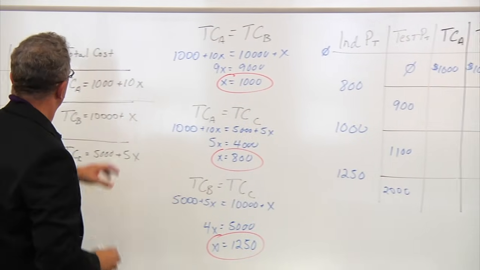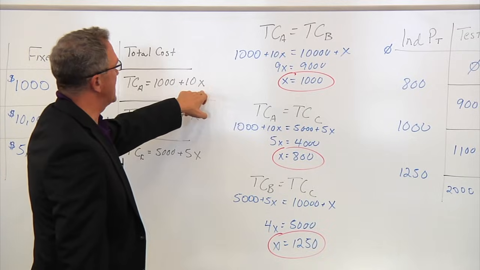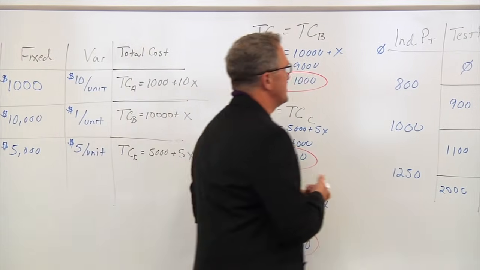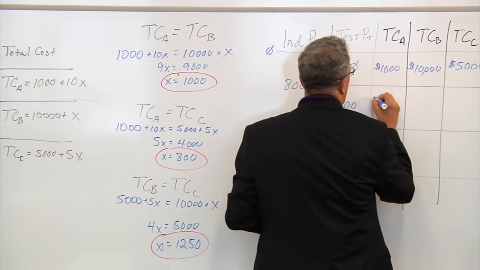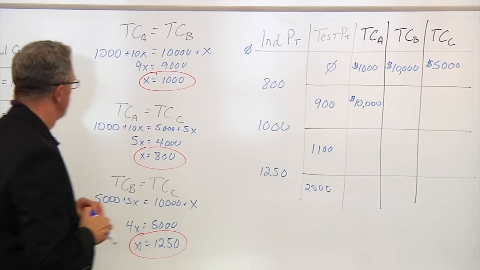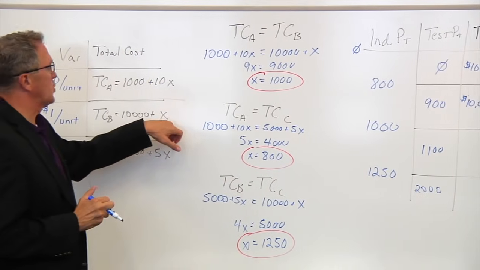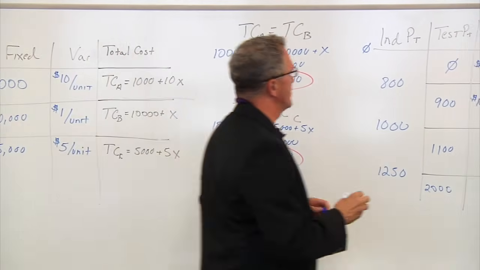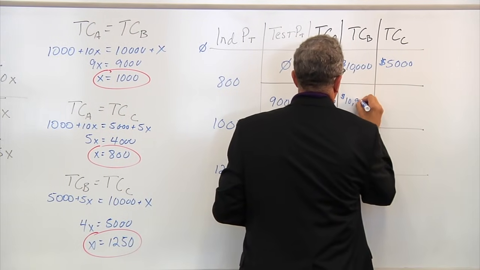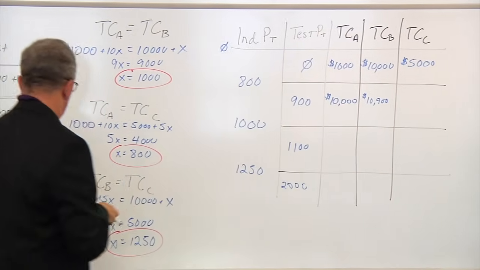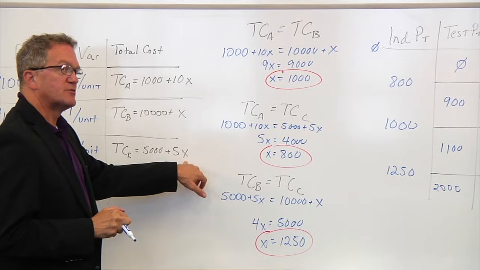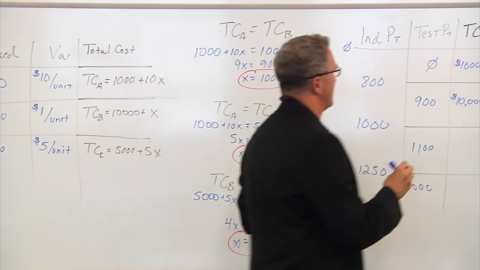For 900, 1,000 plus 10 times 900, 10 times 900 is 9,000. 9,000 plus 1,000, it would cost me $10,000 if I ordered 900 units. 10,000 plus 1 times 900 is $10,900. Five times 900 is 4,500, plus 5,000 is $9,500.